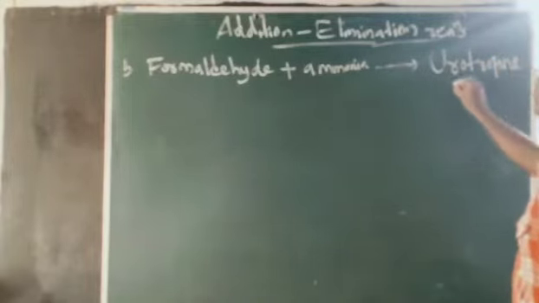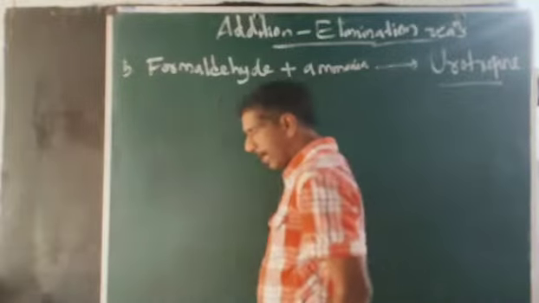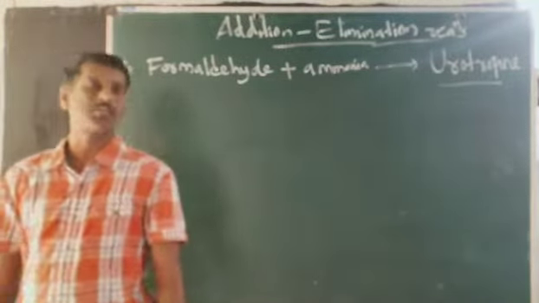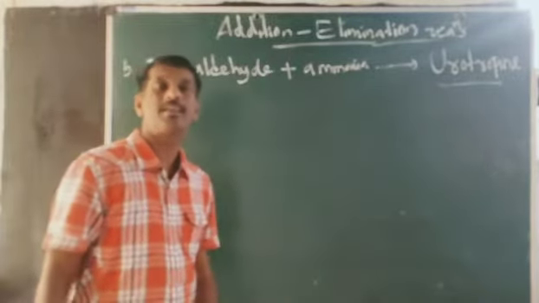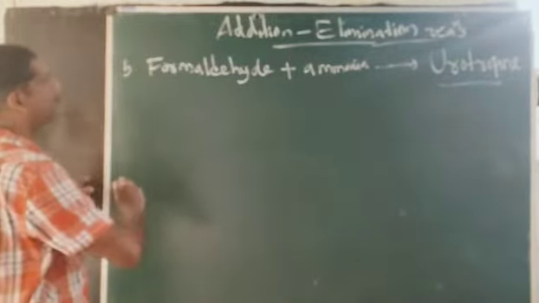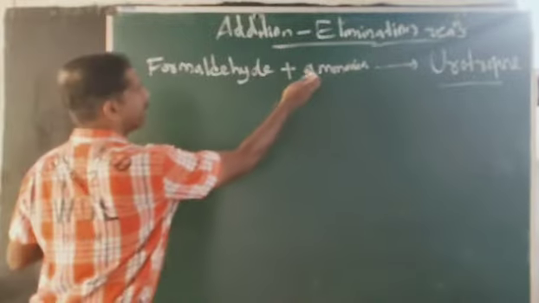So we get a complex known as urotropin, which is used for urinary infection. Let us go through the reaction of formaldehyde with ammonia.